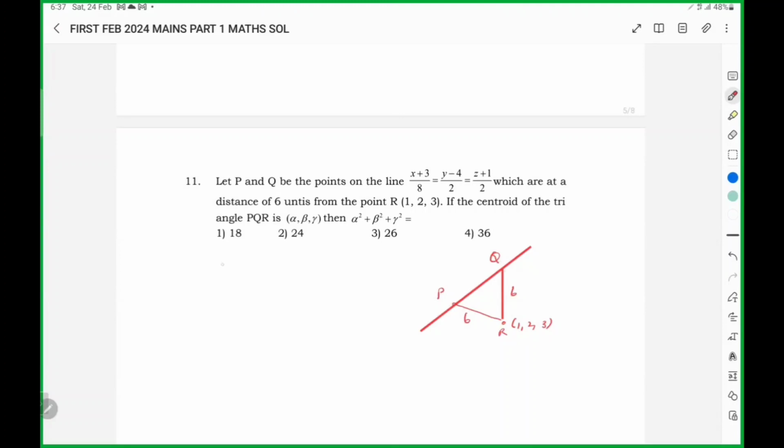So the line equation is given. Let us say some L. Any point on the line I can write. Now, with different values of L, you get different points. Let us take 1 point.